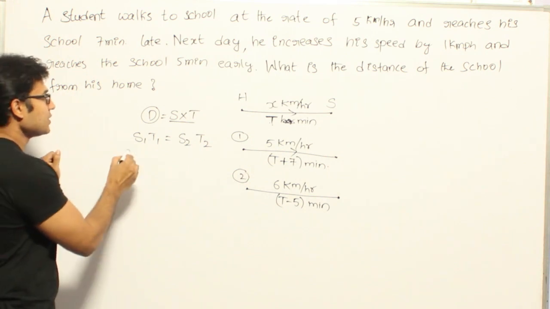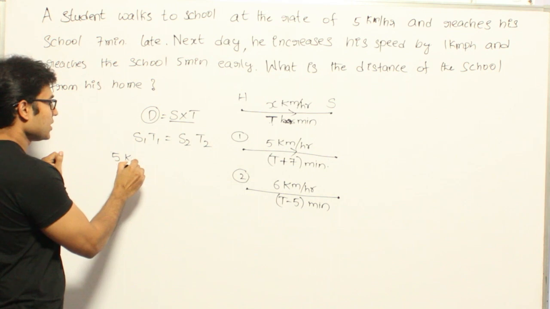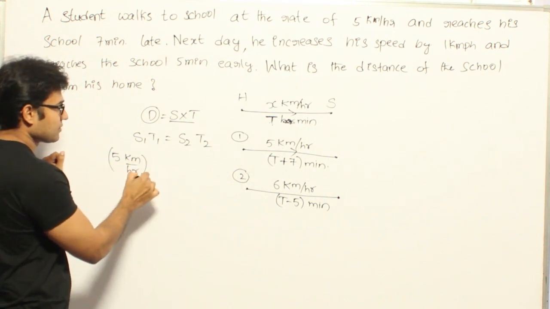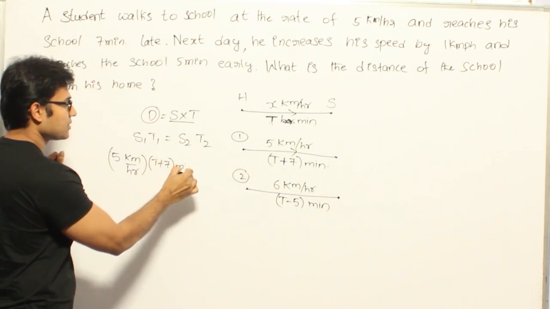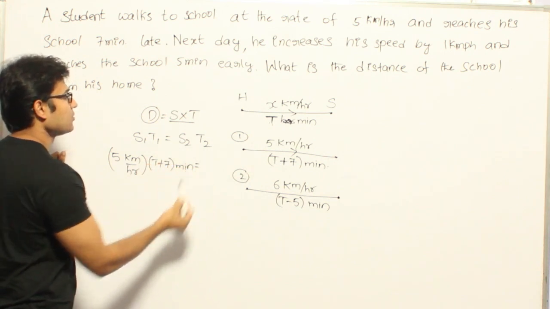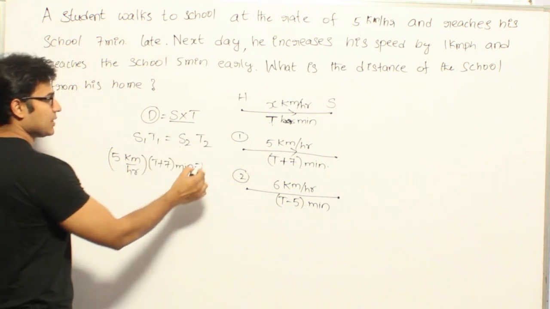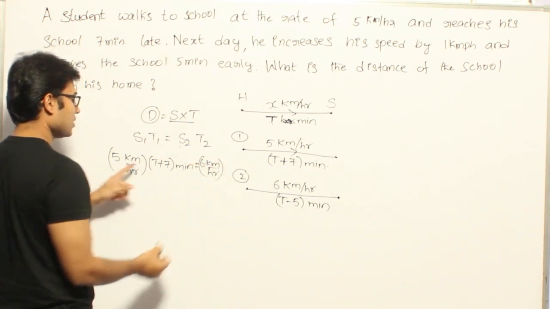Now what is the speed? Speed is given as, in first case, 5 kilometers per hour, right? And time is given as t plus 7. This entire thing is given in minutes, right? Equal to, here speed is given as 6 kilometers per hour. It is better you write the units because all the units are different.